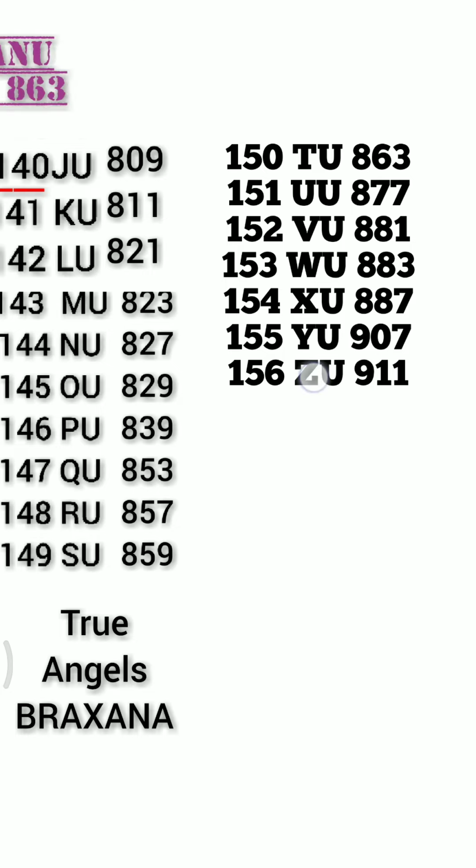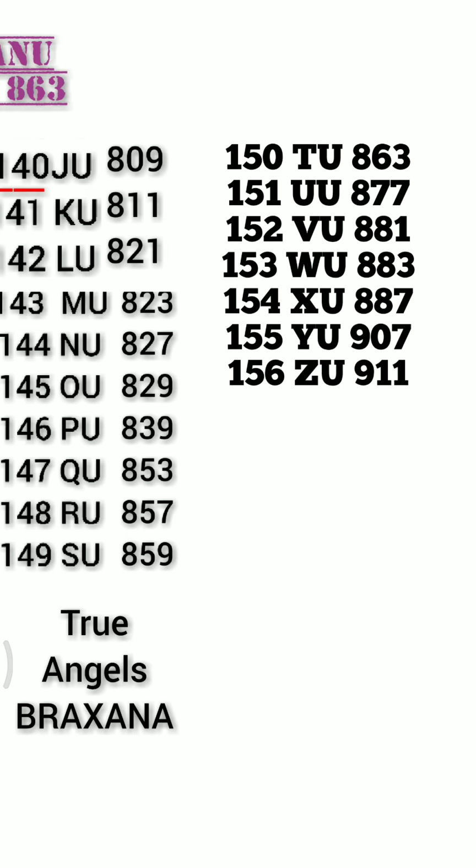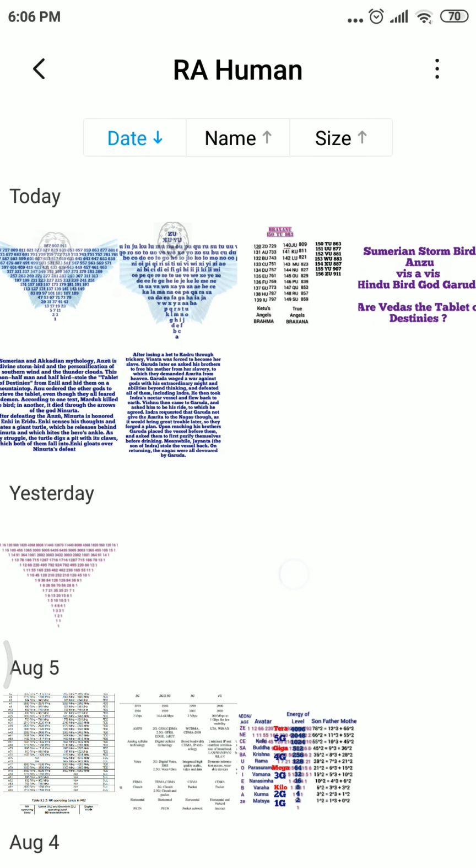Here it is ZU. 156th prime number is 911, which can be represented as ZU. So basically this is the etymology behind ZU, according to me, of course.